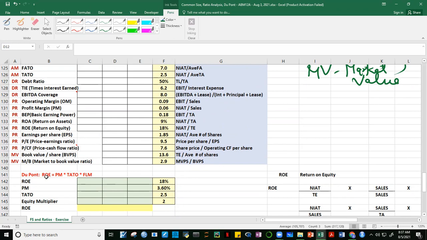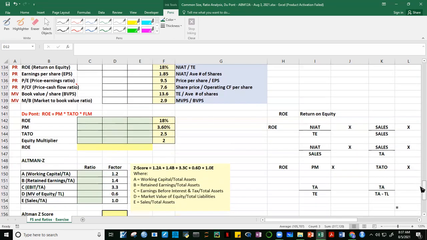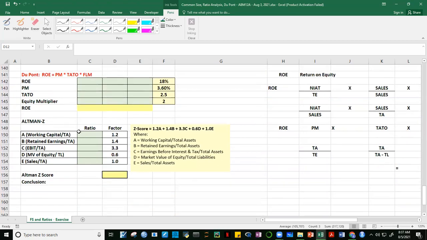DuPont is just return on equity. Okay? Return on equity, and then classify into 3 other measures: profit margin, total asset turnover, and the financial leverage multiplier. And then the last one is yung Altman Z. So this is a discriminant analysis tool developed by Altman in order to determine if a company will become bankrupt or not.